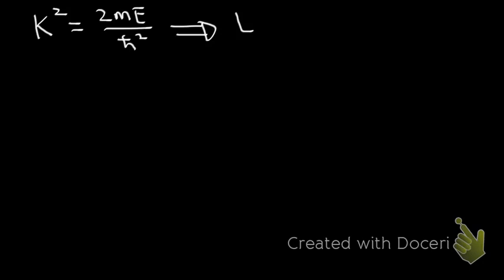If you remember, we wrote our k squared as 2 m E over h bar squared. So we can find the value of E from this: E is equal to h bar squared k squared over 2m.